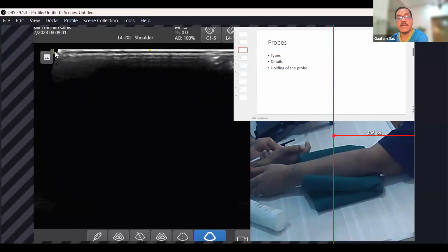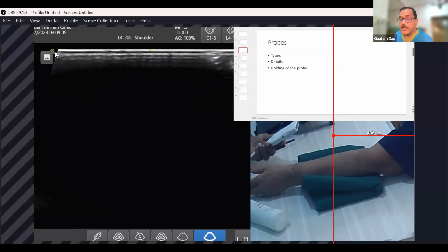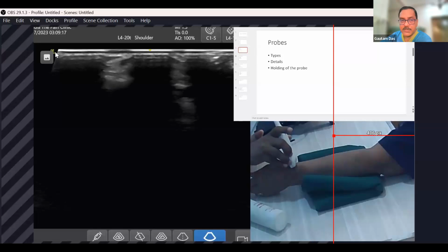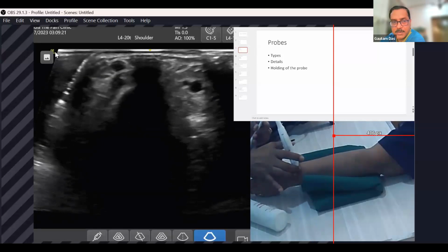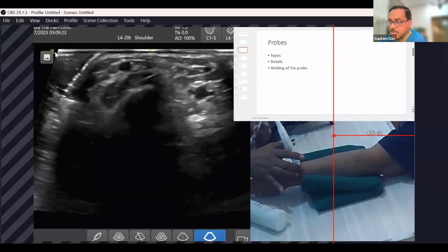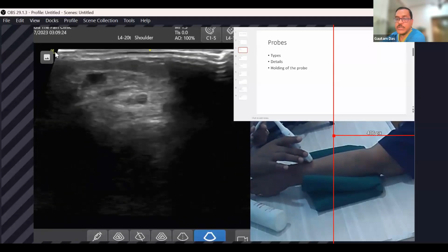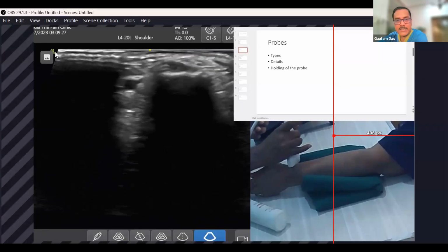If I'm tapping on this side, then it is on the left hand side. Normally, not normally, it is always that the aspect marker will be on the left hand side of your screen or monitor, and accordingly you have to place it. Whether the aspect marker is on the patient's lateral side or the medial side depends on that.